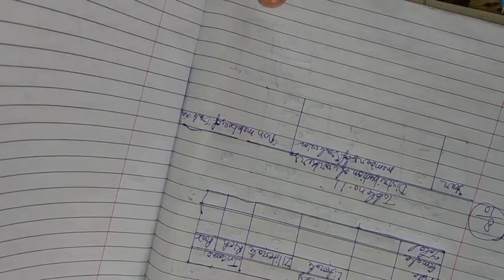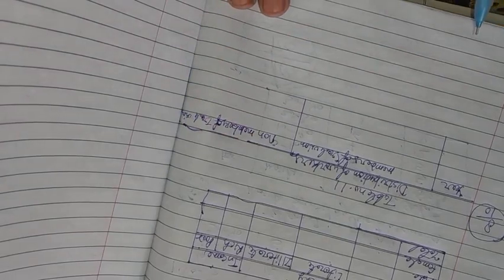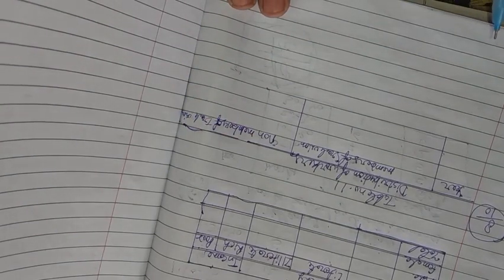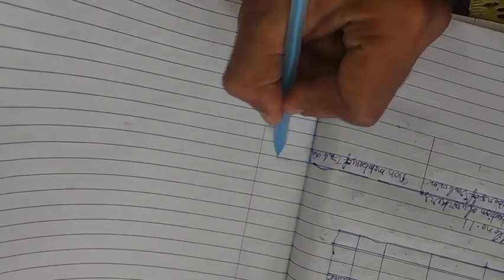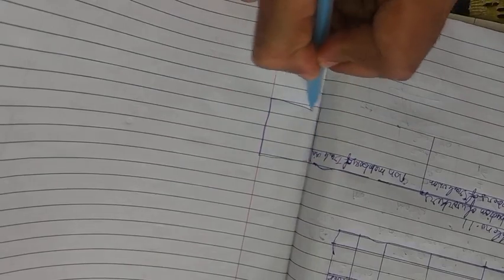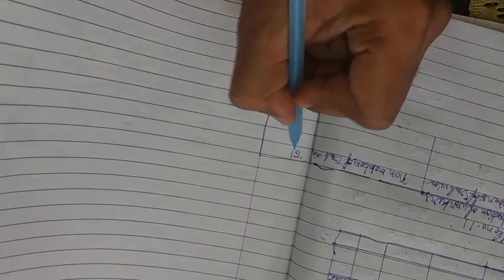All these are the workers. And then we'll make one more column, that is of total.